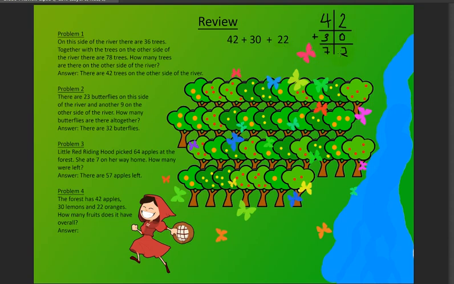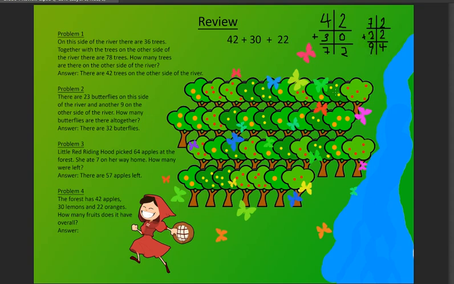And then to this, we need to add the 22. So we're going to say 72 plus 22. 2 and 2 makes 4. 7 and 2 makes 9.